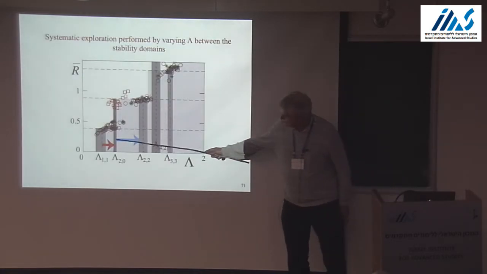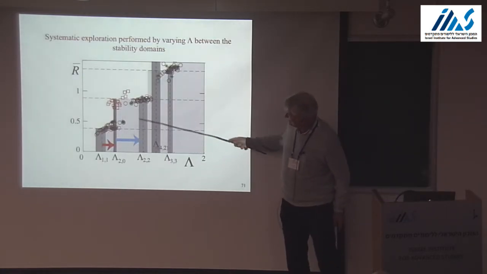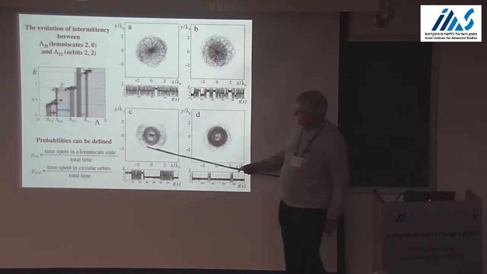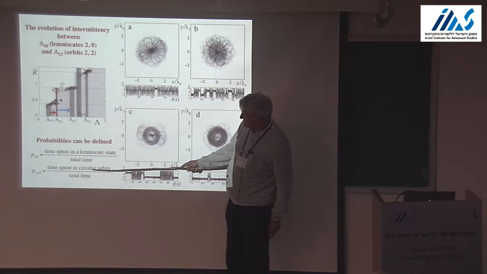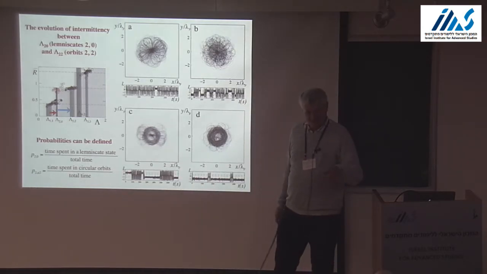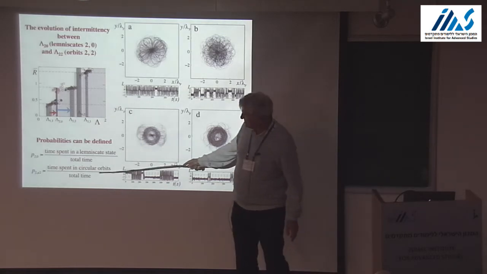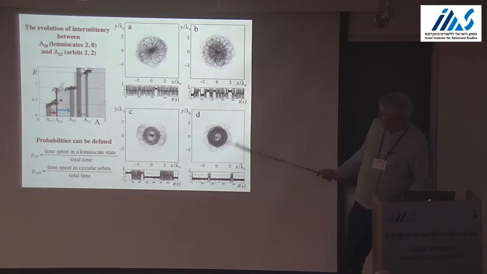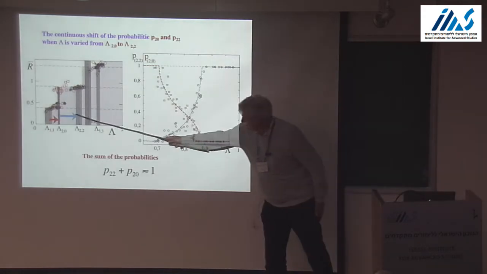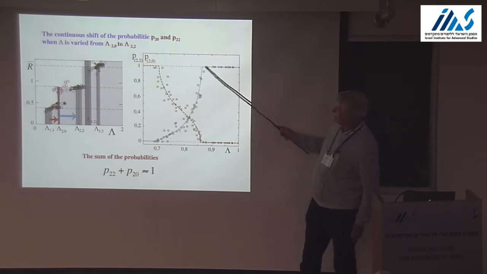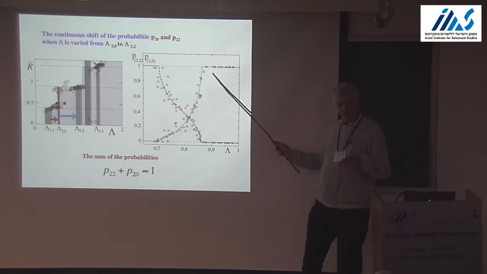We looked in this region where you have no stable mode, and we measured the probability of being in a meniscus and the probability of being in a circular orbit by looking at the time spent in each. And what you find is that when you tune this potential well, you change continuously the probability of being in one state or the other.